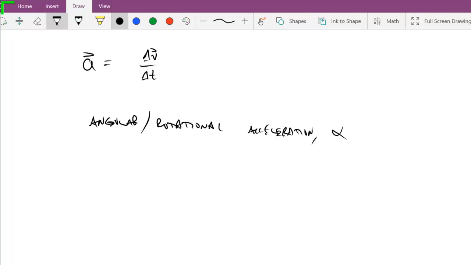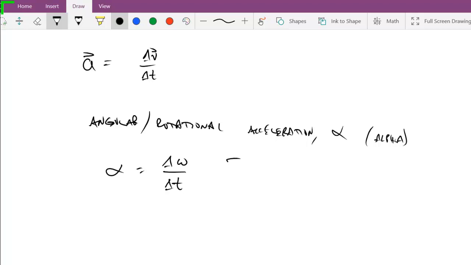So this is the Greek letter, a lowercase alpha. And it's defined very similar. For linear acceleration, we had a change in linear velocity over time. For angular or rotational acceleration, we have a change in angular velocity with time. So delta omega over delta t.